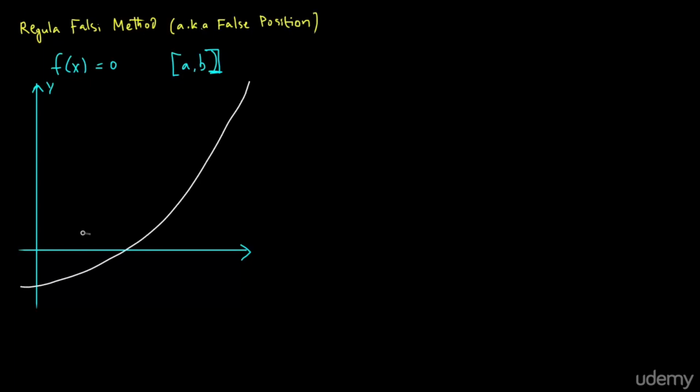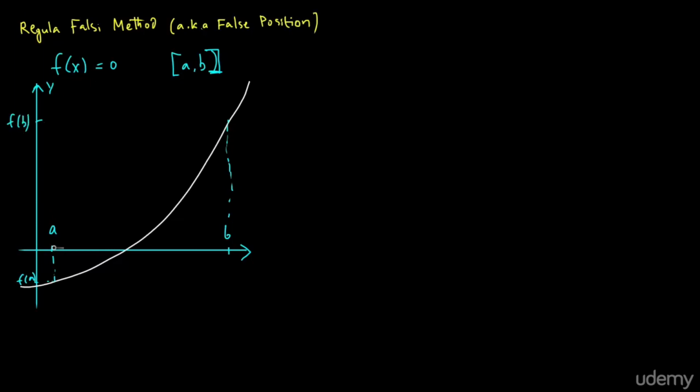If we find 2 points which sufficiently bracket the solution, let's say a here and b here, we can once again calculate f of a, which is around here, and then f of b at this point.